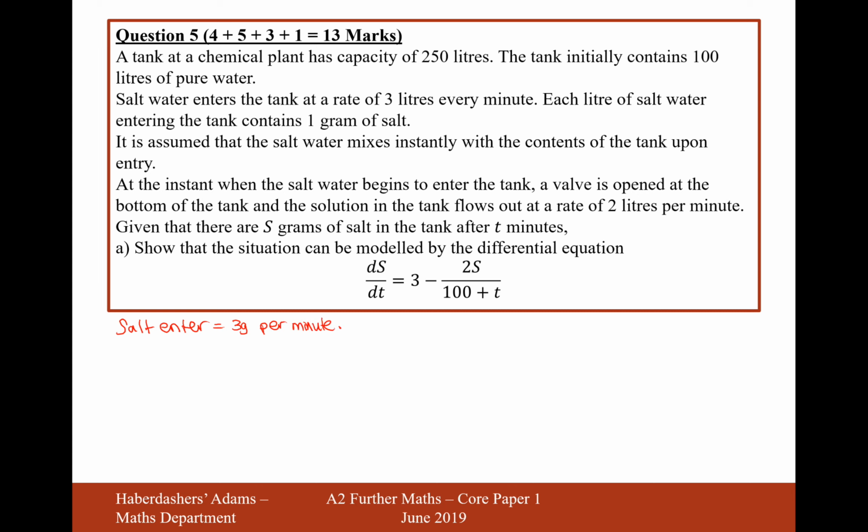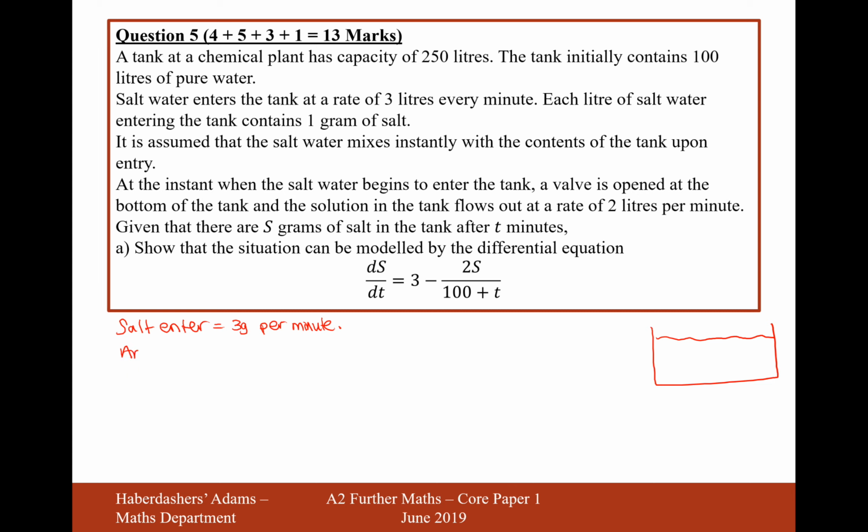Great start. Okay, good. Now we have to consider the amount of salt leaving the tank. So first of all, we need to start off by considering how much water we have in the tank, because what's going to happen is the salt is going to disperse into the water tank and then start leaving. So we need to consider first of all how much water we have in the tank at a certain point in time.